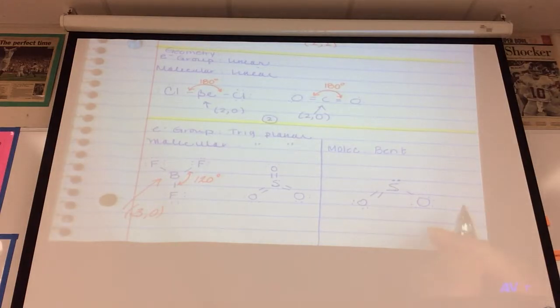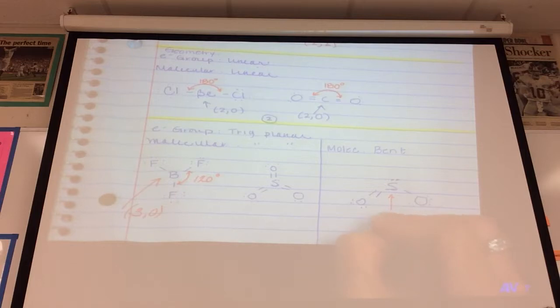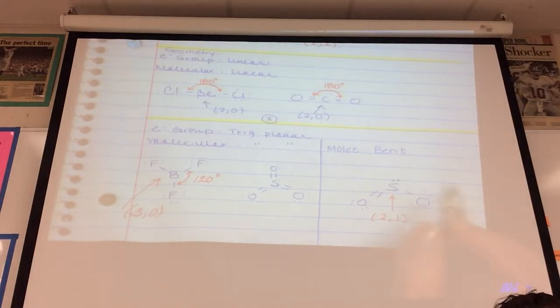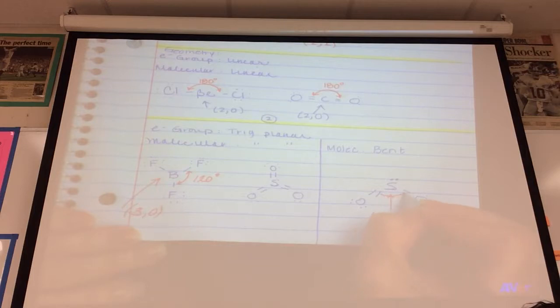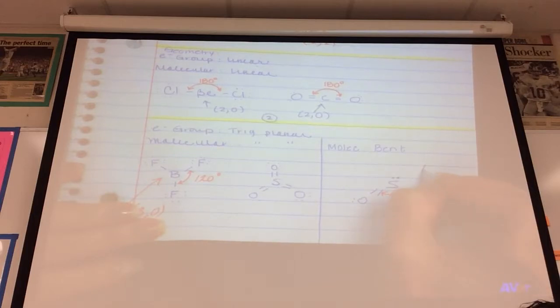You still have 3 electron groups, but what you have here is 2 atoms attached, 1 lone pair, for a total of 3. But what's interesting here is this bond angle is a little bit less than 120. It's going to be 118 degrees.